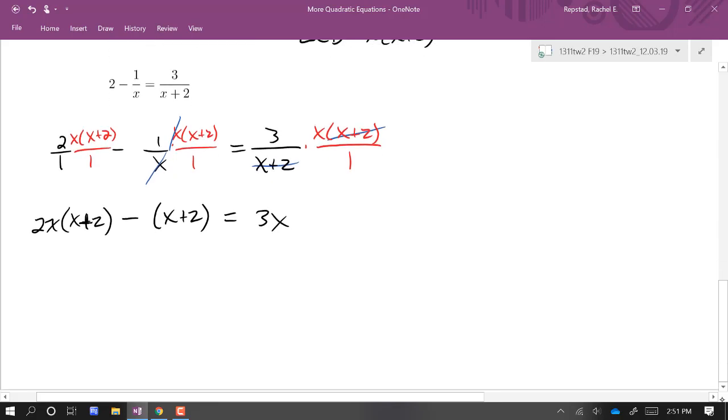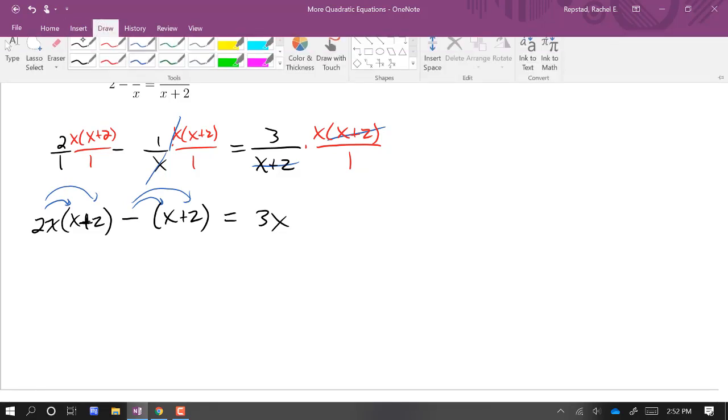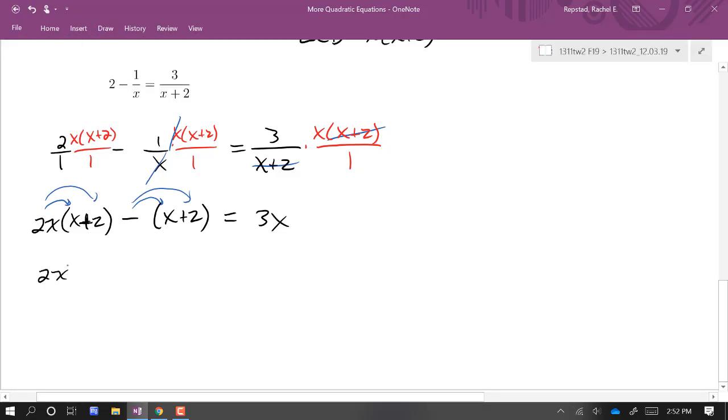Now what do we do? Distribute the 2x, and I'm also going to distribute that negative just to get rid of parentheses. So we have 2x squared plus 4x minus x minus 2 equals 3x. Now this looks like a quadratic.